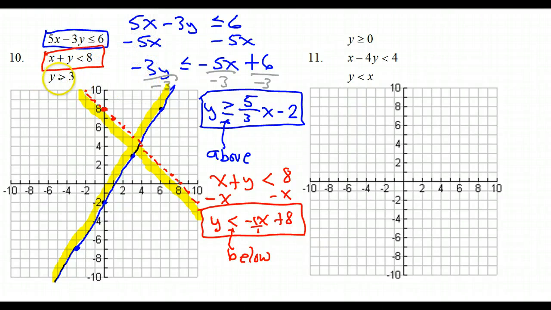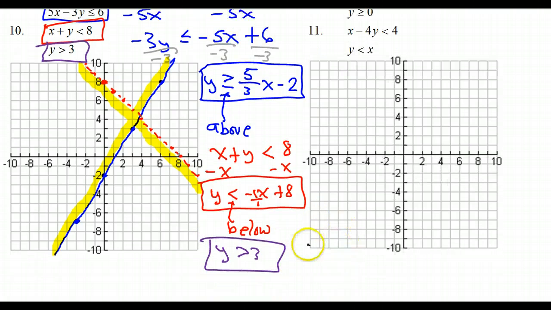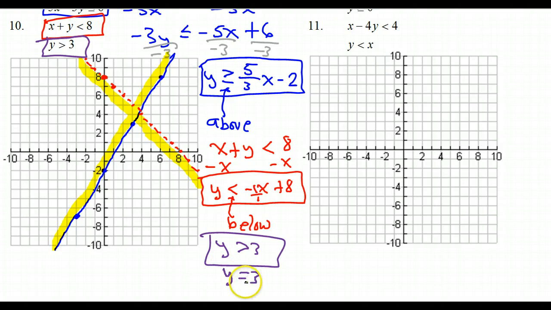graph. So now this last one, y is greater than 3. When I graph that, in the back of my mind, I'm picturing the line y equals 3, which is a horizontal line at 3. So here's 3 right here. This also will be a dotted line because it does not have the "or equal to" part.